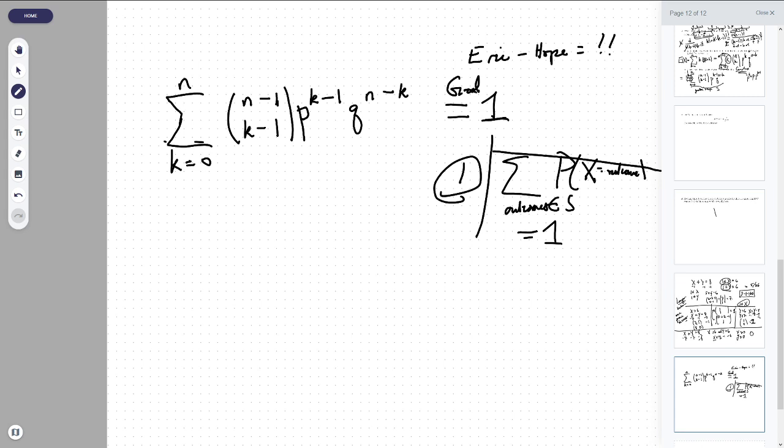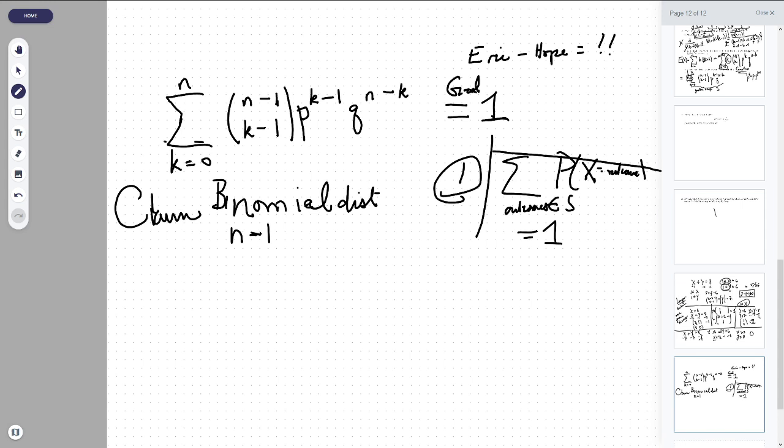So my claim here is that this is actually summing up all the probabilities, not from the binomial distribution on n elements, but this is the binomial distribution on n minus 1 elements.